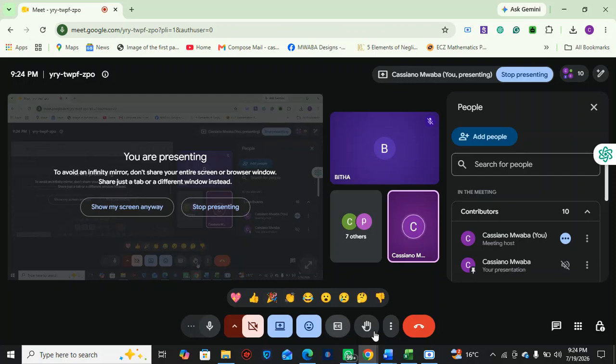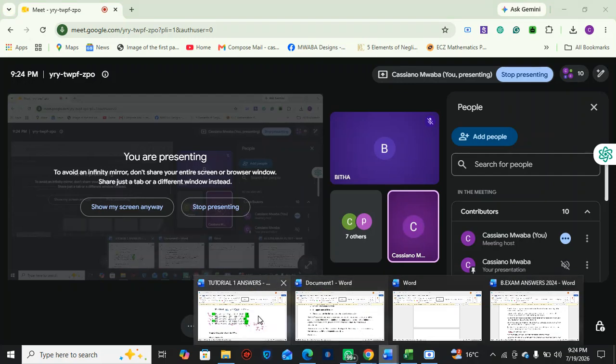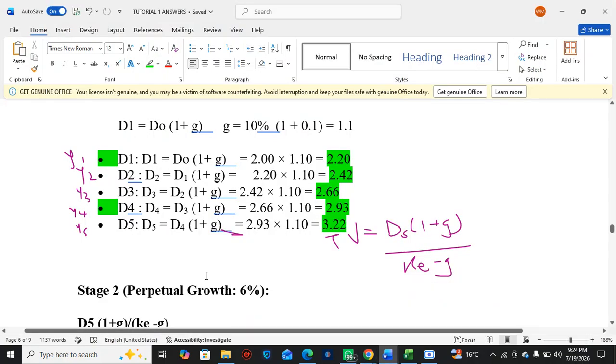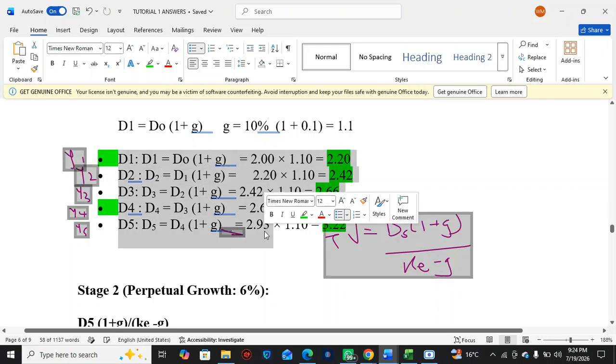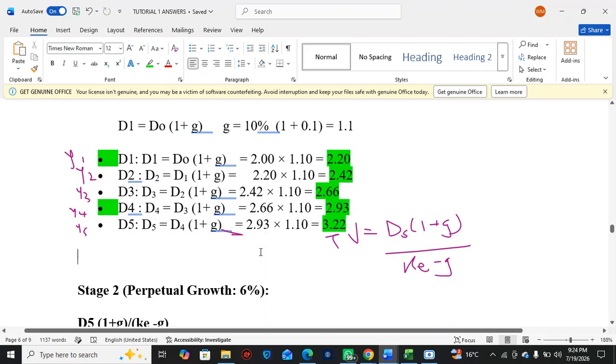It's impossible. So in this case, we cannot do this process until we reach forever, right, colleagues? We can't do dividend for year six, year seven, year eight, year nine, year 10. We can't do that because we don't know when forever ends.